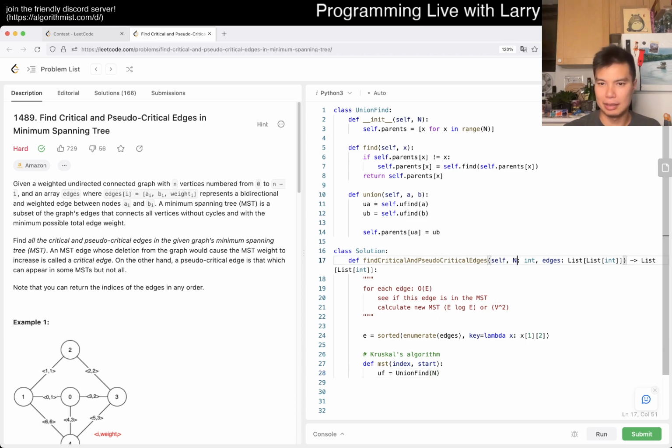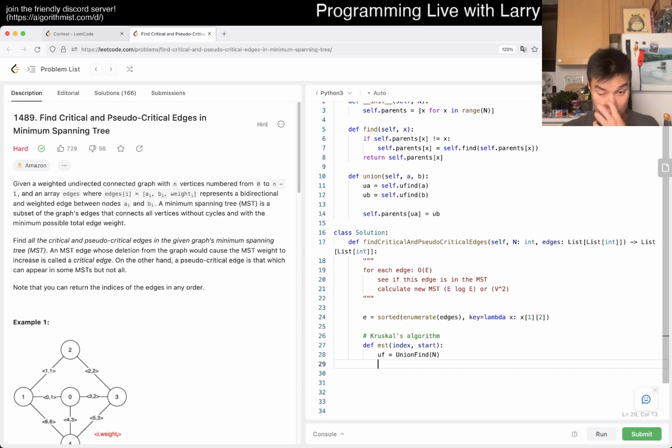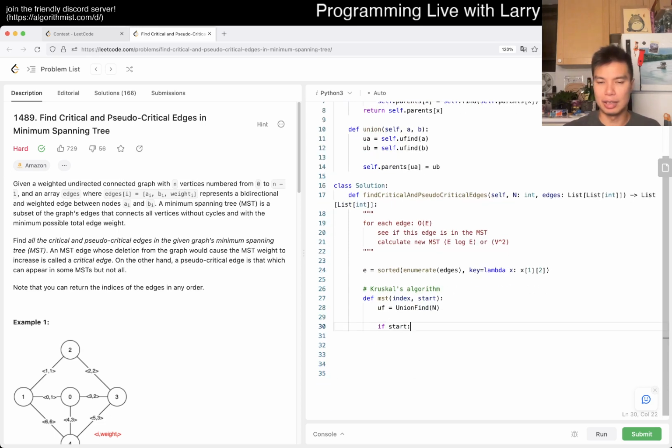Let's make this big N. All right, and then if start is true, then we add start u, start v, start weight, I suppose, is equal to edges sub index, and then you do uf.union of su, sv.